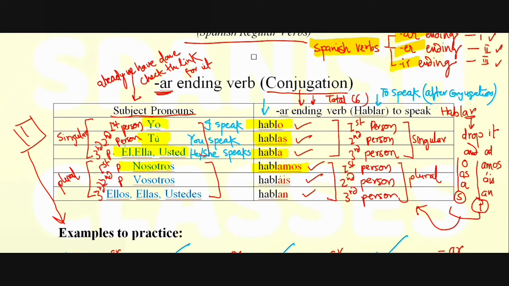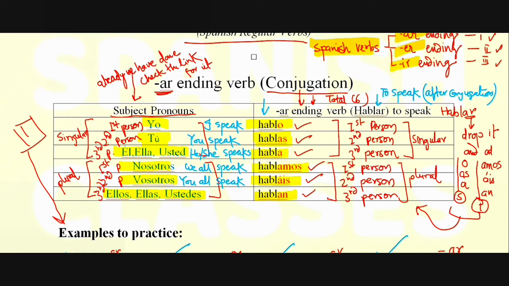Nosotros hablamos. Nosotros means we all. Hablar means to speak. We all speak. Next, vosotros. Vosotros habláis means you all speak. Highlighted part got translated in blue.